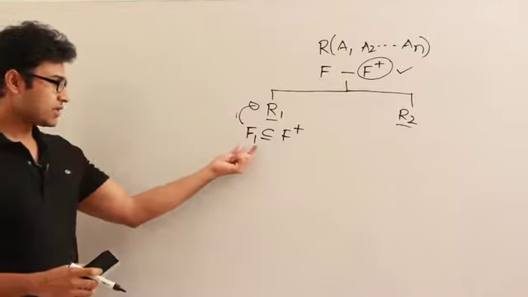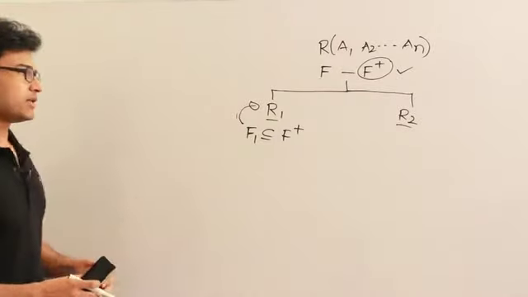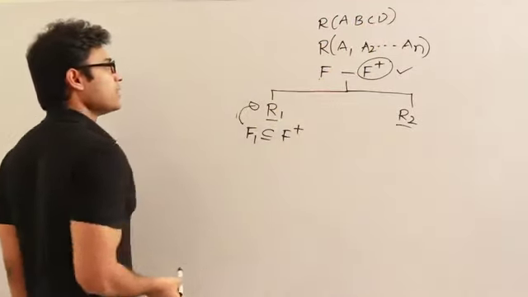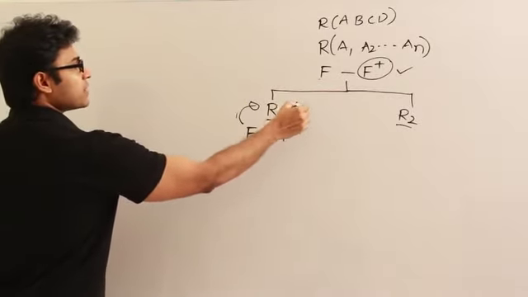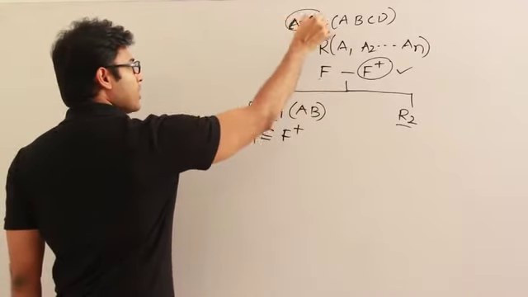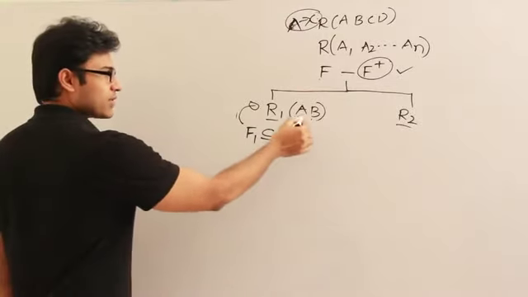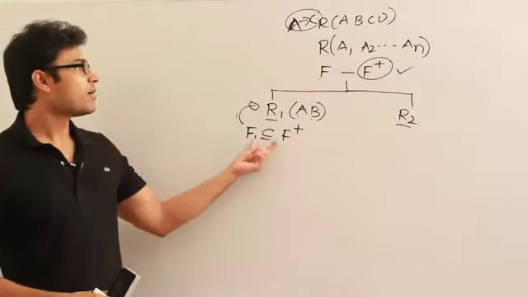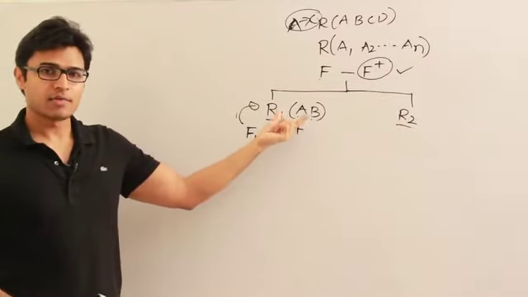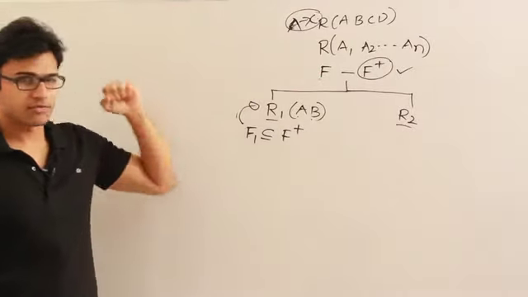For example, let us say R is A, B, C, D, four attributes, and R1 has two attributes, A and B. We have a functional dependency A determines C. Even though A determines C is originally present, you cannot apply it in R1 because C is not present there. Only the functional dependencies which contain only the attributes of R1 will be applicable. That one I am calling F1.